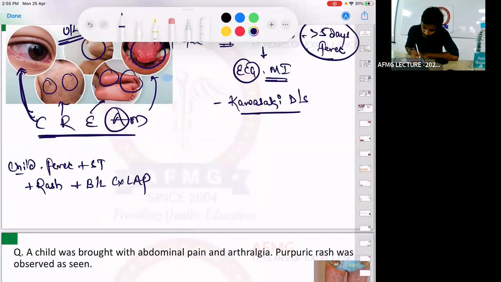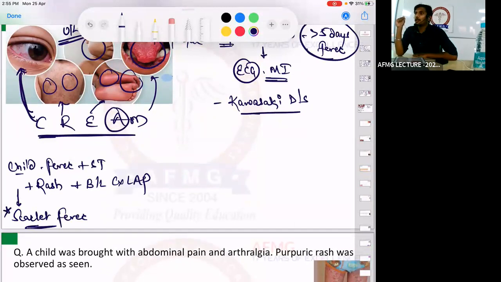The characteristic diagnosis would be scarlet fever. Scarlet fever is caused by which organism? Group A beta hemolytic streptococci, Streptococcus pyogenes. This was the first slide of the integrated one, okay?